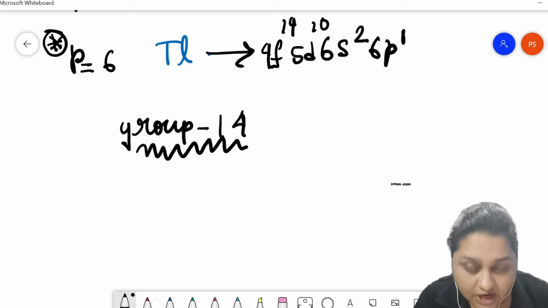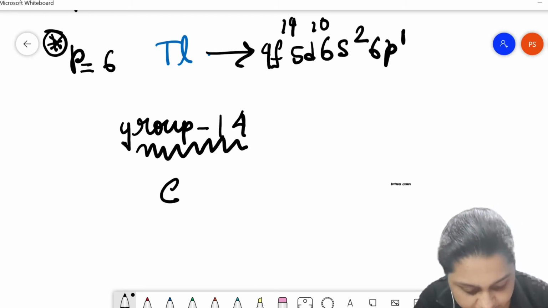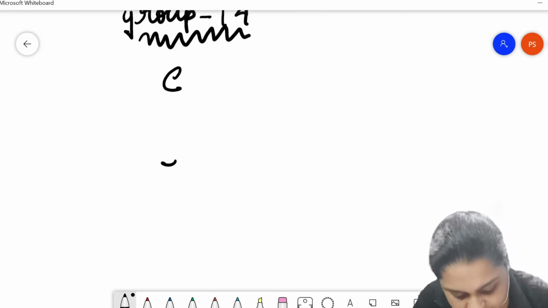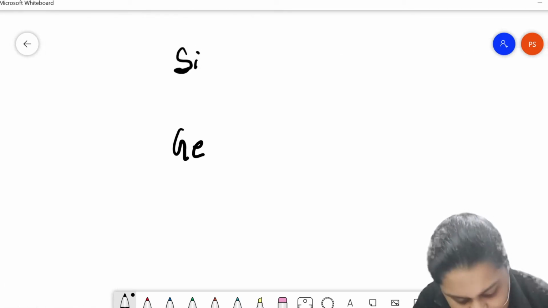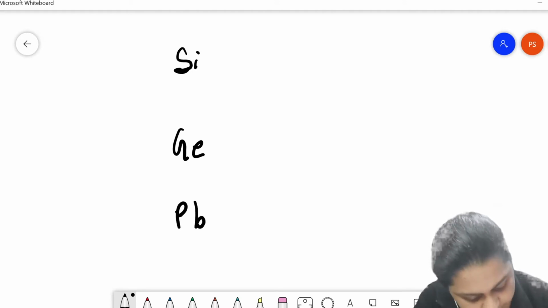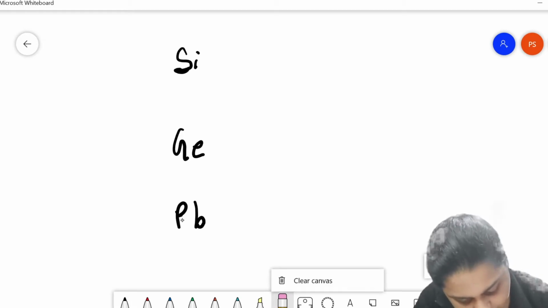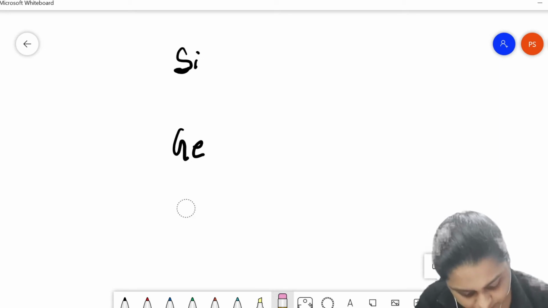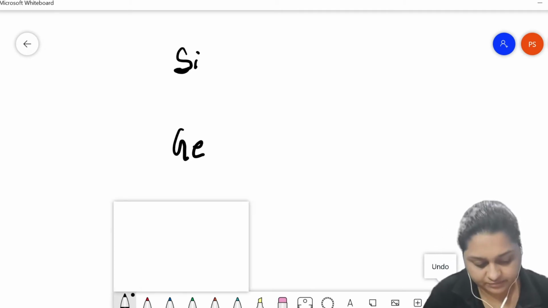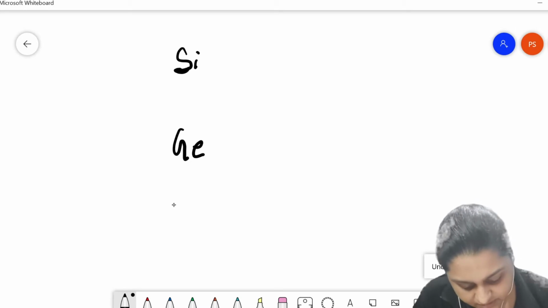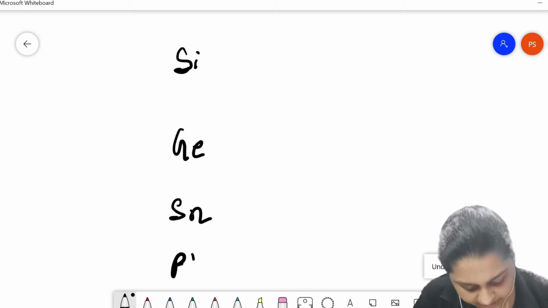Group 14 starts with the element carbon, followed by silicon, germanium, tin, and lead.